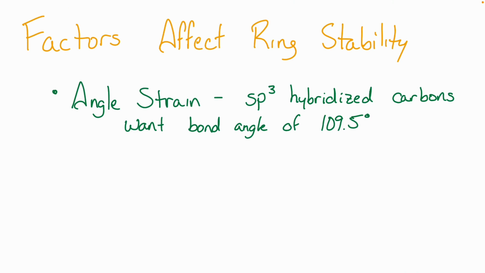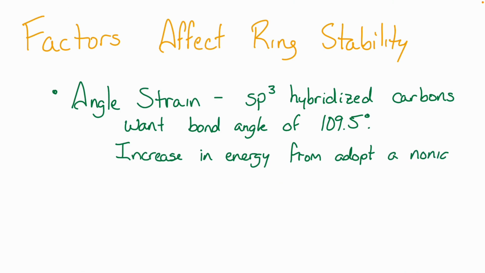Anything else, if it has to adopt any other bond angle, that's just going to raise the energy of that molecule. So this angle strain is increased energy anytime a molecule has to adopt a non-ideal bond angle.